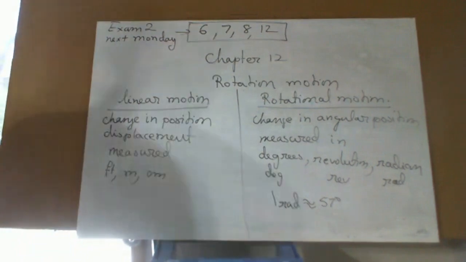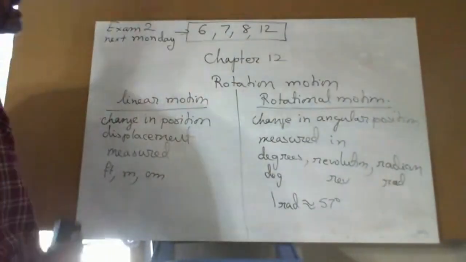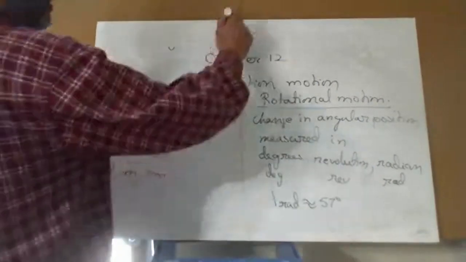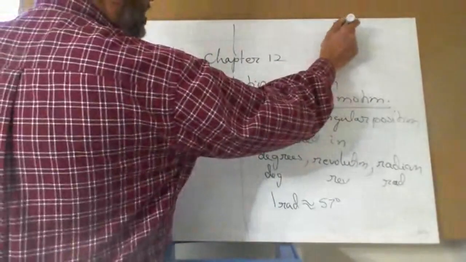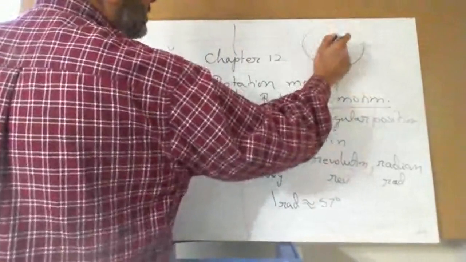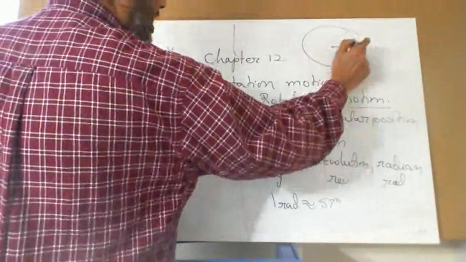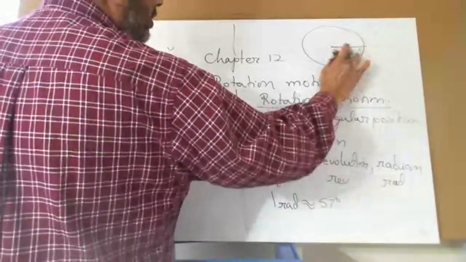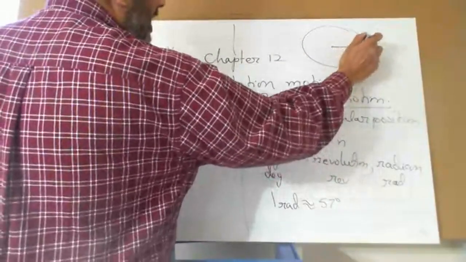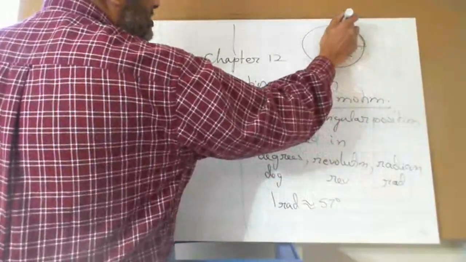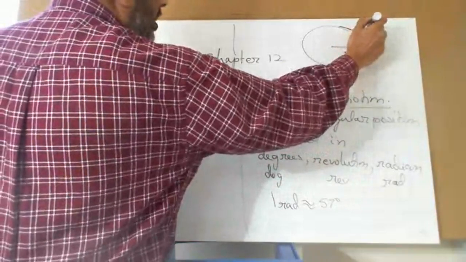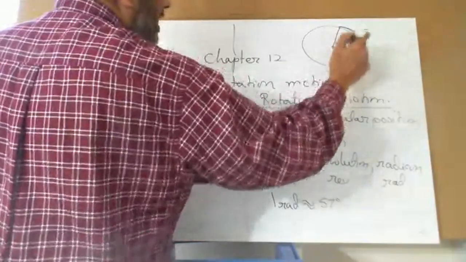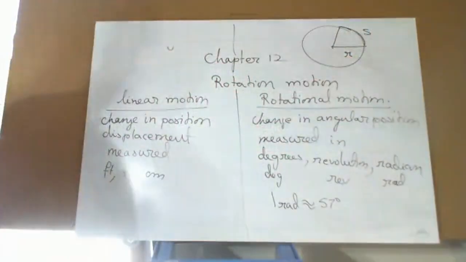By the way we measure radians, I'll come back here, right? So for rotational motion, we generally take a circle of radius r, and this distance we call s, or arc length, and the angle in radians.